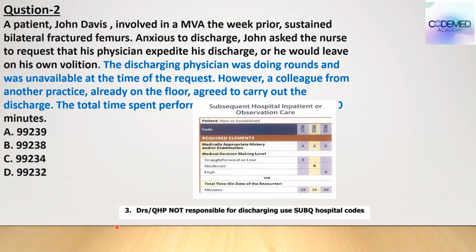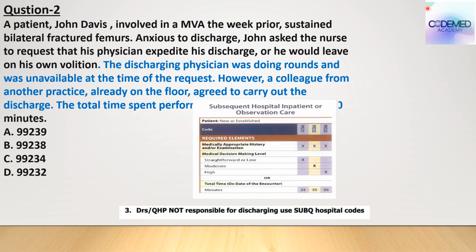If you see the code, these are the two discharge codes. What is this code? This is the admission and discharge on the same day. And what is this? This is the subsequent care service. What is our guideline? The doctor or qualified healthcare professional not responsible for the discharge uses the subsequent hospital code.